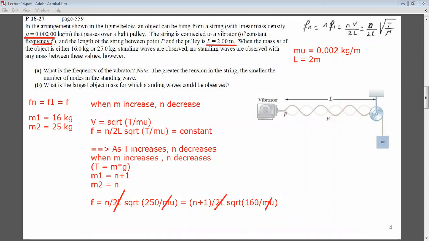Mu is mu, I can delete it, and I will be left with N times square root of 250 equal N plus 1 times square root of 160, or N plus 1 divided by N is equal to square root of 250 divided by 160, and this gives how much? 250 divided by 160, square root of this. It gives 1.25.